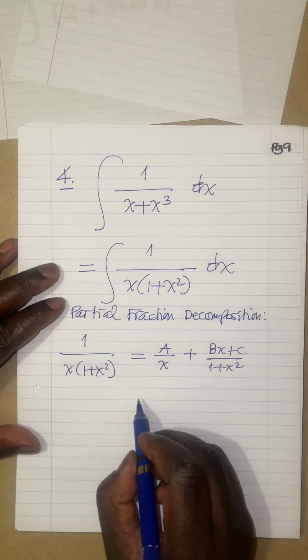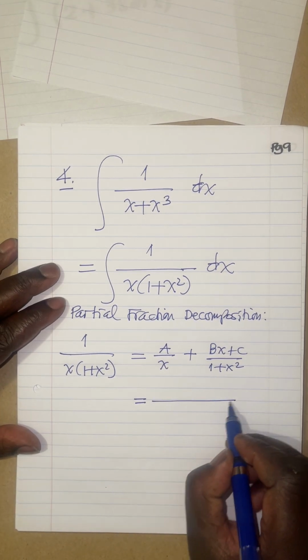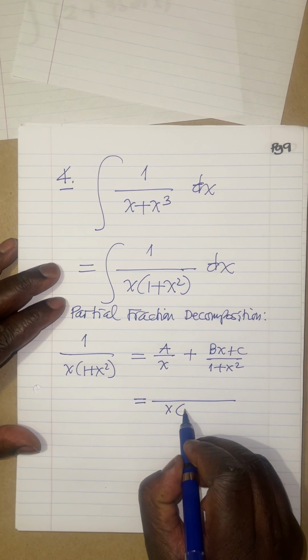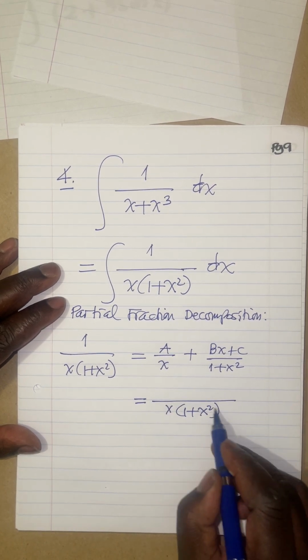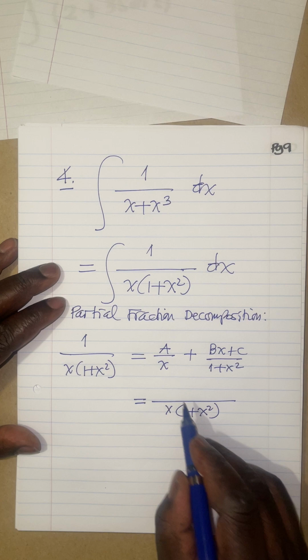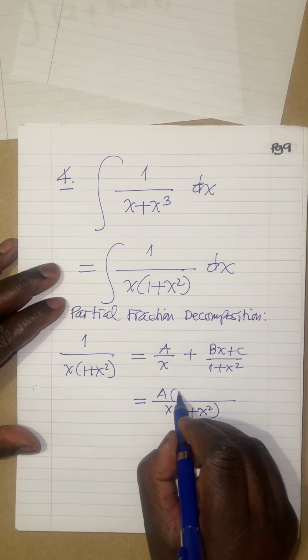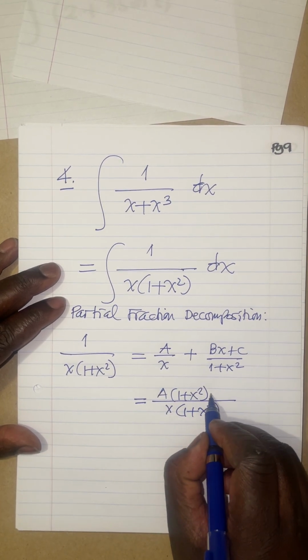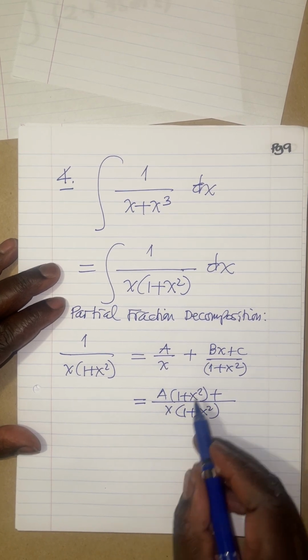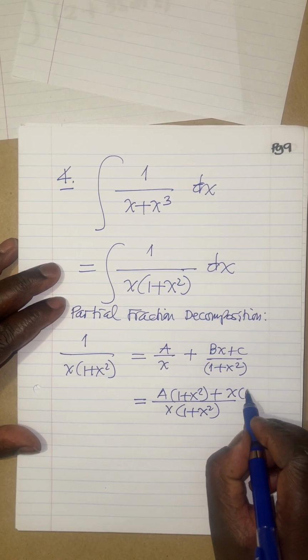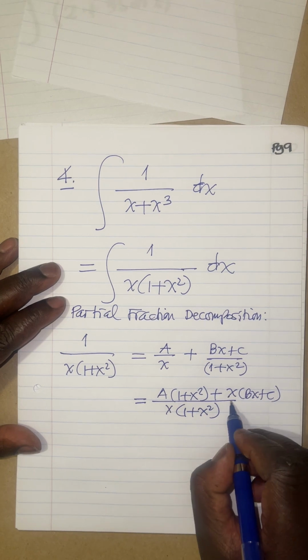How do we do it? Well, here's how we do it. The common denominator is this expression, the same one. We take this into that, the answer is this expression, multiplied by A, so it will be A times (1 plus x squared), plus this expression into the denominator, the answer is x, times the numerator, x times (bx plus c).